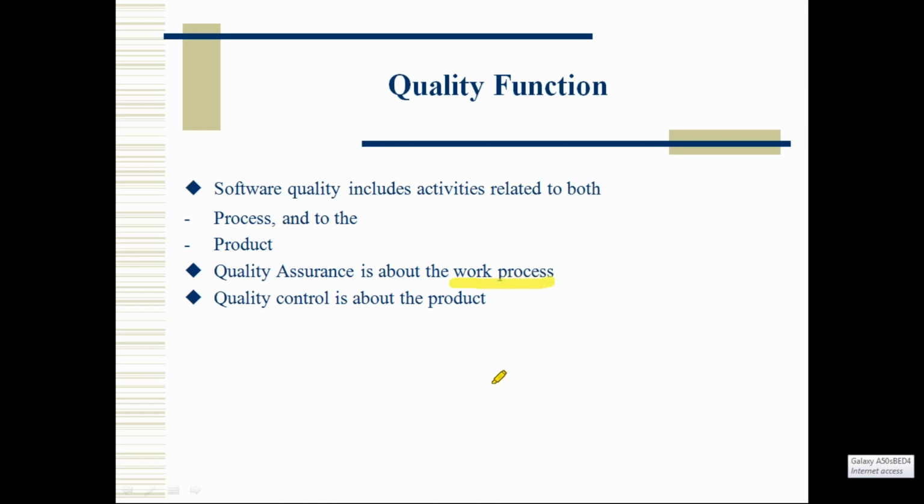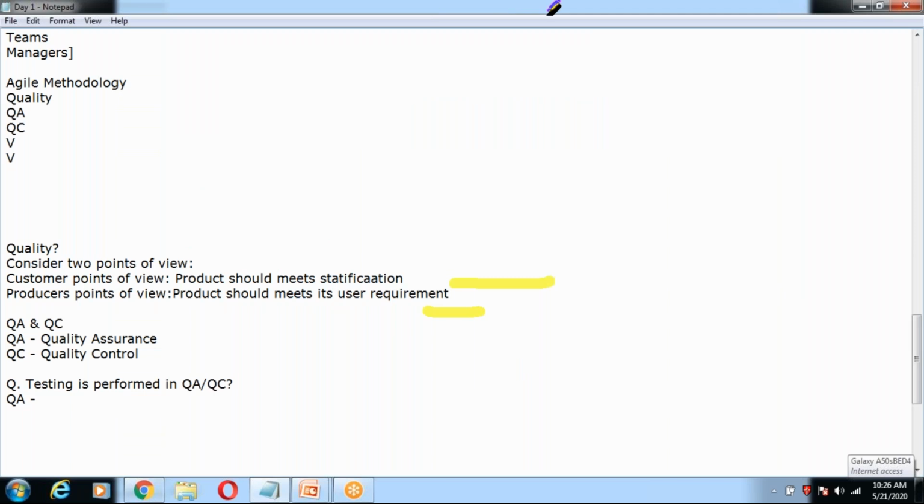And quality control is about a work product. Two terms: one is called work process and the other is called work product. Now understand the meaning of work process and work product. You should understand what this work process is and what a product is. Correct. Let's check it out.